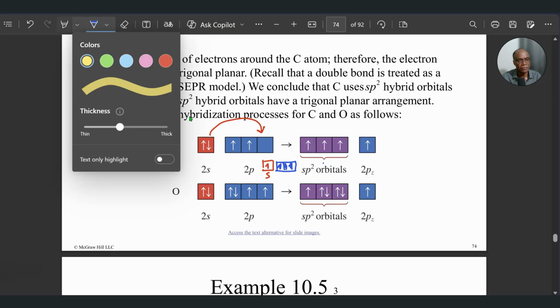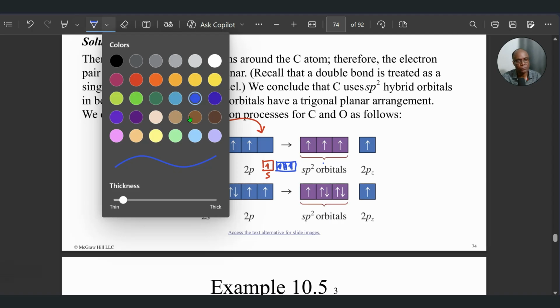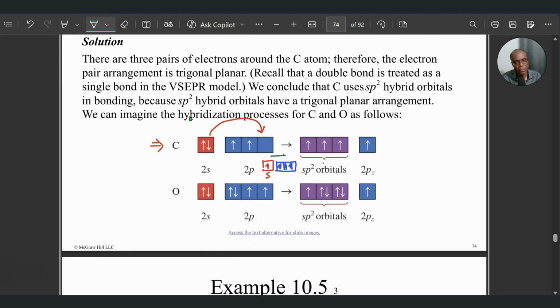Only 1 s and 2 p's are going to do the hybridization. Maybe px and py are participating, while pz is not participating in hybridization. So this makes the carbon sp2.